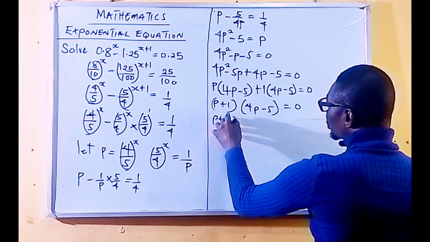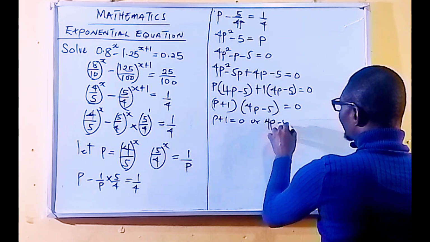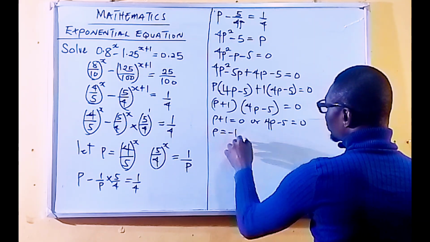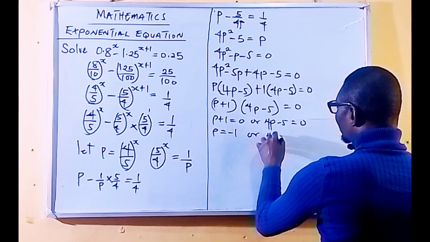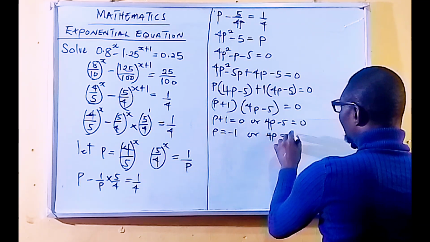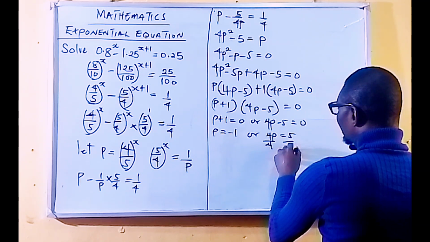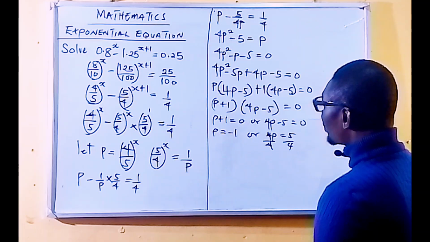Therefore, p plus 1 is equal to 0, or 4p minus 5 is equal to 0. Therefore, p is equal to minus 1, or 4p is equal to 5. Therefore, p will now be 5 over 4.